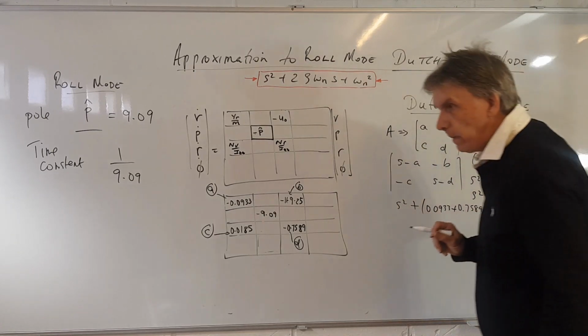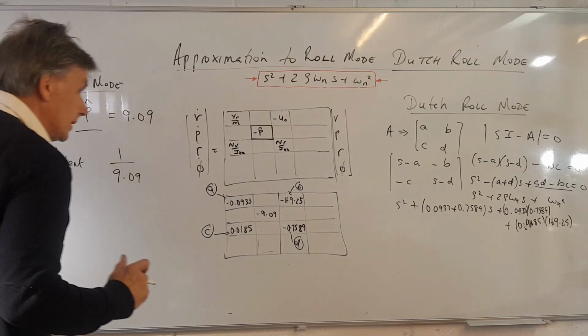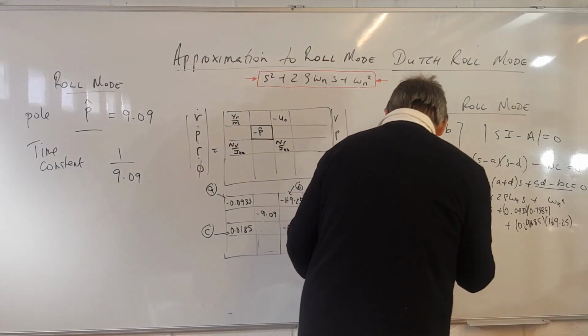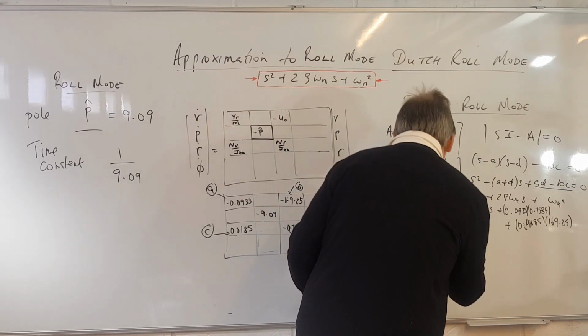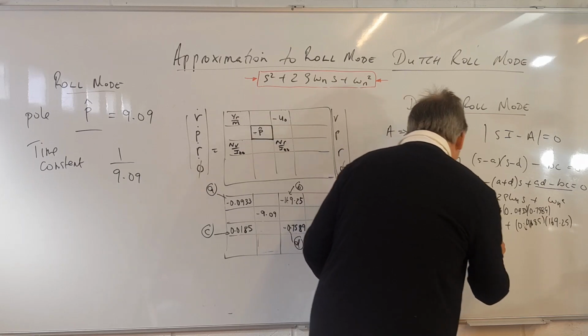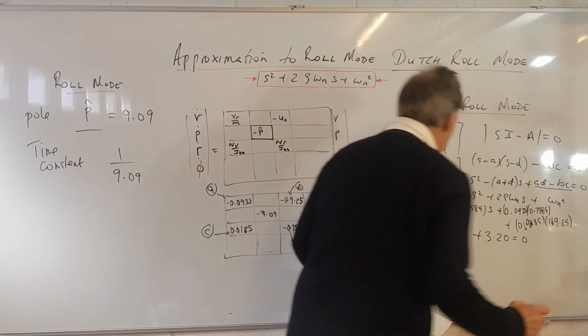So those are our parameters, and if we work those out, it comes down to S squared plus 0.842S plus 3.2 equals 0.